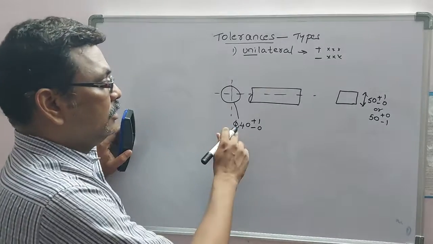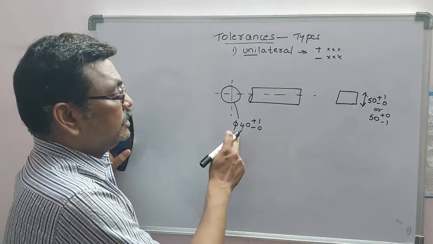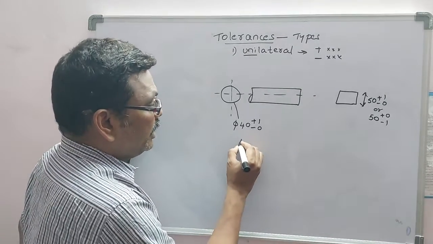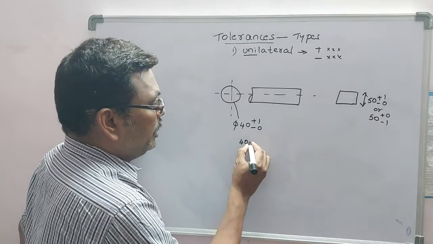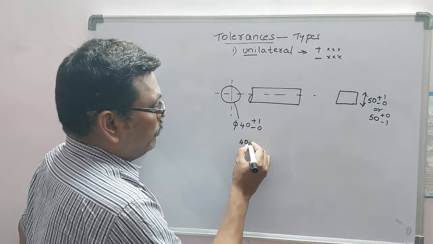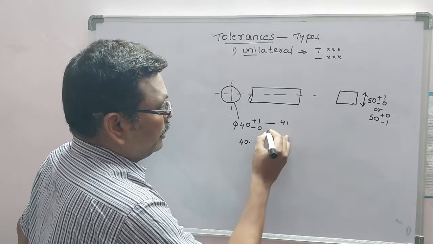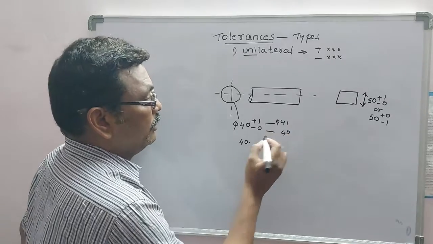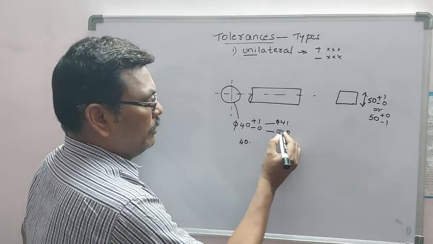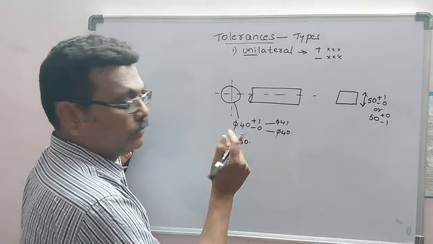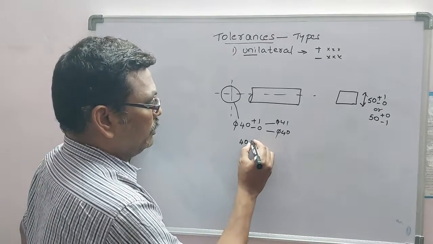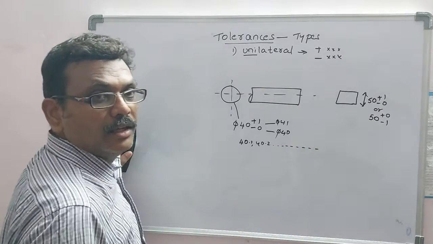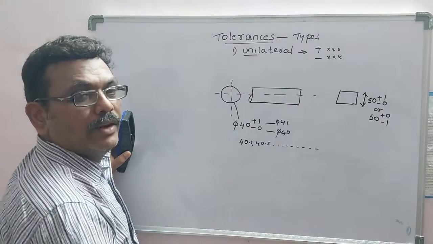In this case, I have taken as an example diameter 40 plus 1 minus 0. So here maximum is 41 and minimum is 40. Maximum diameter is 41. It should not go beyond 41. Minimum is always 40 because it is 0. It can be 40.1, 40.2, 40.3, and so on, up to 41.